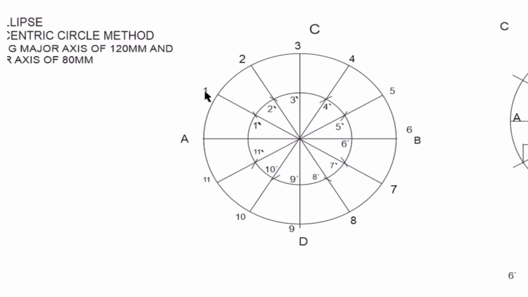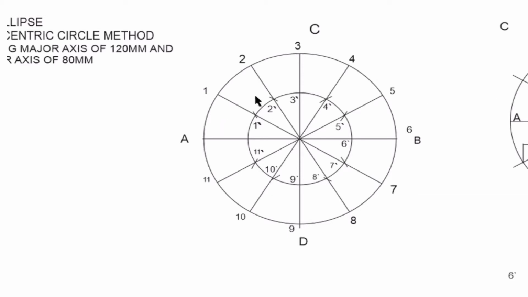So we name it point 1, 1 dash, 2, 2 dash, 3, 3 dash, and so on. Next we have to draw horizontal lines and vertical lines, starting from point 1.